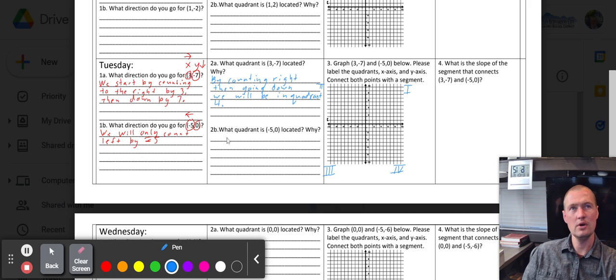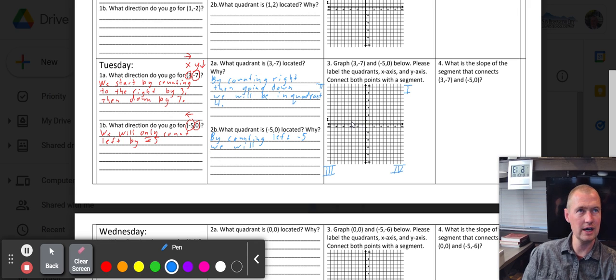Okay, next up. What quadrant is -5, 0 located in and why? By counting left -5, we will, this one's interesting.